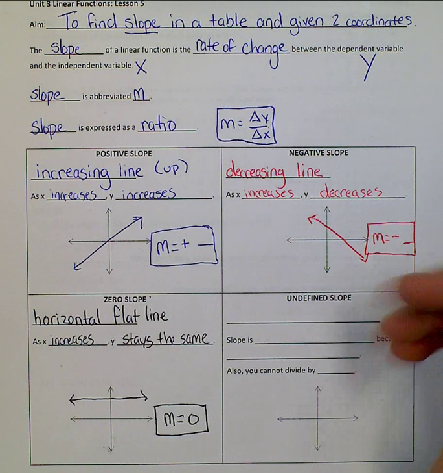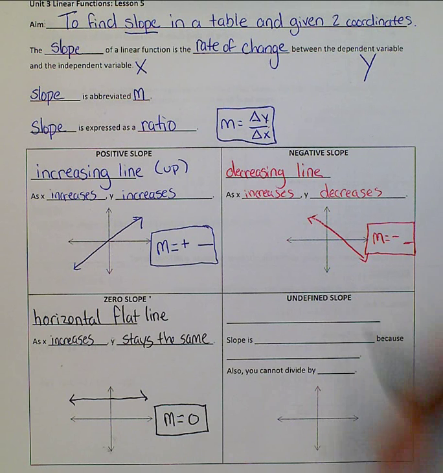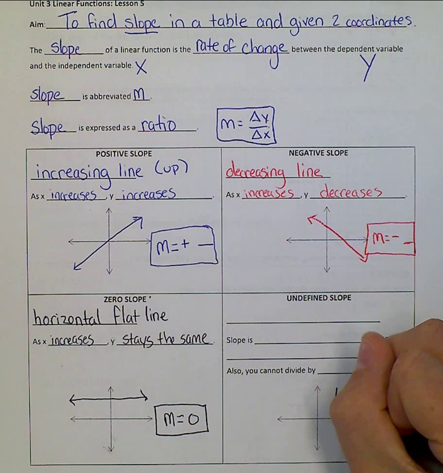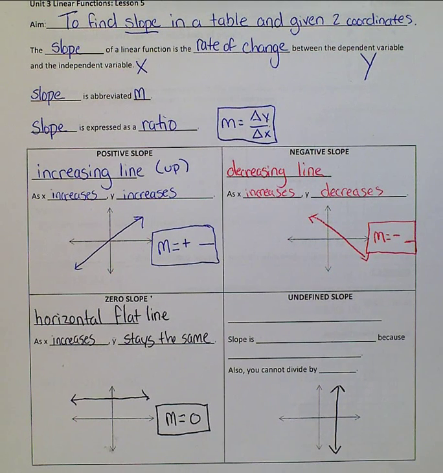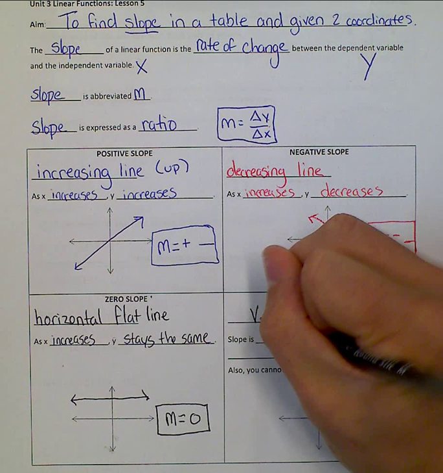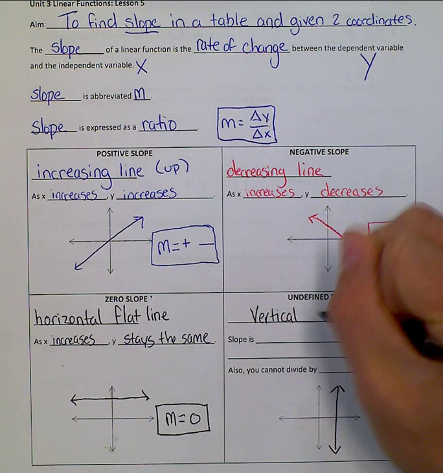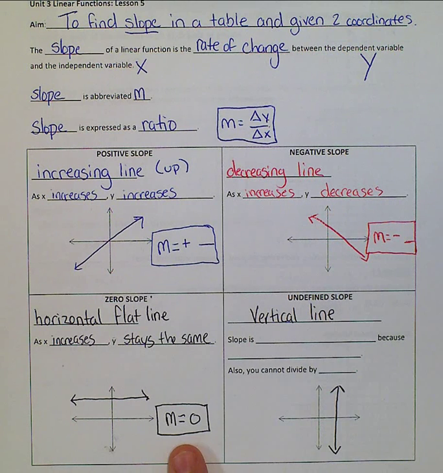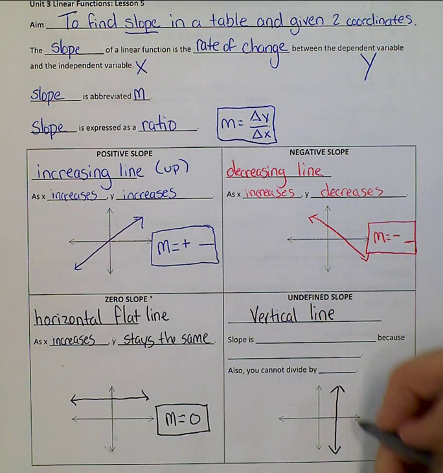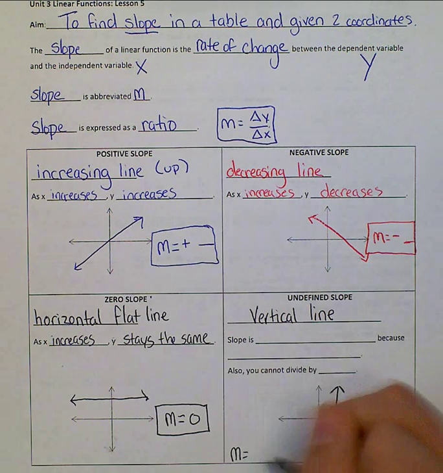Lastly, you might be already thinking about what an undefined slope is. An undefined slope is a vertical line. The last type of line we didn't discuss yesterday. Vertical lines, lines that go up and down, don't have a slope. It's not the same as zero. It's actually called undefined. So we would write our answer as m equals undefined.